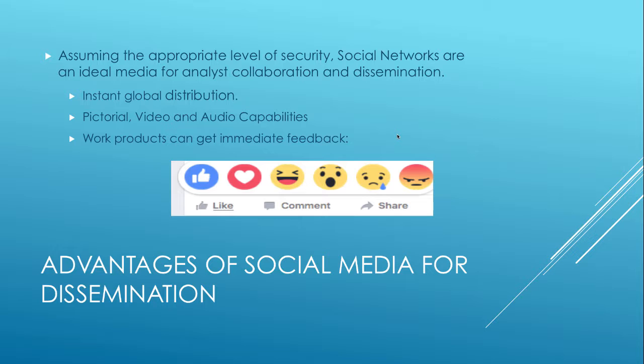So as social media networks and private social media networks mature, I think we can expect to see more of this adapted within the intelligence community, maybe not so much for tactical intelligence, but certainly for the kind of work product we look for on a strategic level or in a steady state.